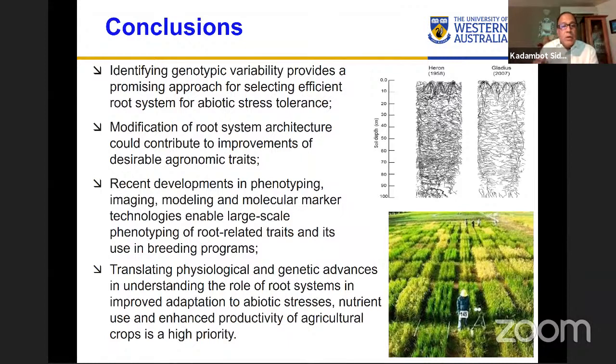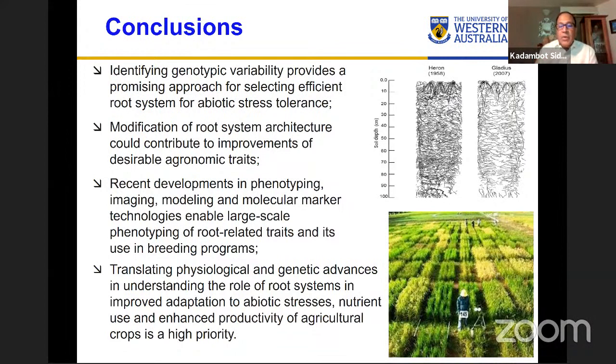Phenotyping, imaging, modeling, molecular marker technology. Even a country like India is full of wonderful laboratories in Delhi, Hyderabad, everywhere. And this will enable large-scale phenotyping of root-related traits and its use in breeding programs.